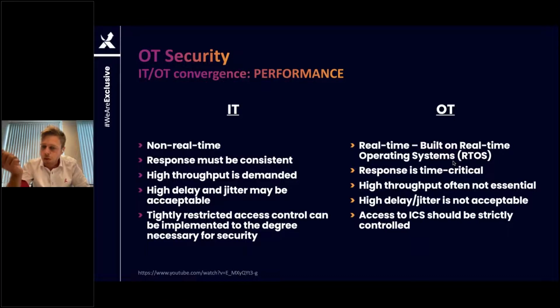High throughput is often not essential. OT traffic is really boring because OT traffic often is just a 1 or 0 switch, a switch on or off, maybe a number indicating the temperature that has been read from a sensor, but it's not the real sexy data. So therefore, high throughput is often not essential. But delay and jitter, on the other hand, is often totally not acceptable.